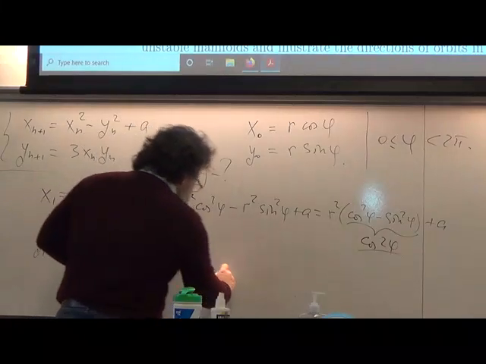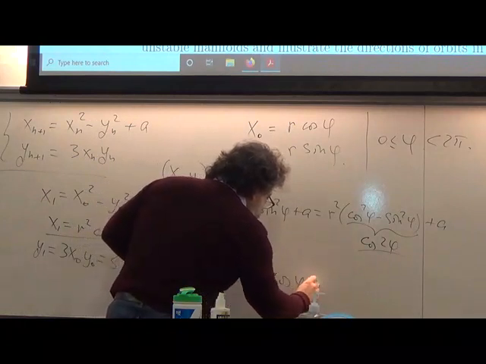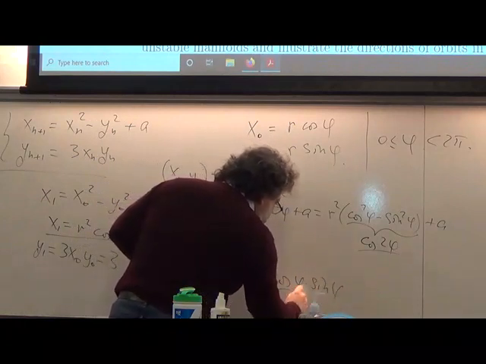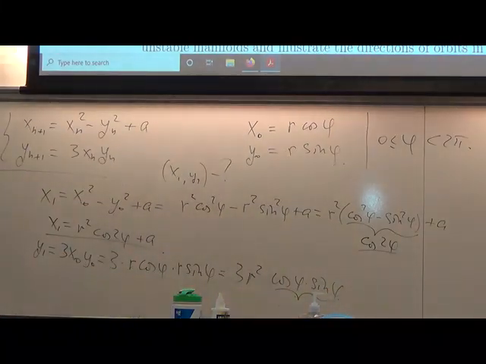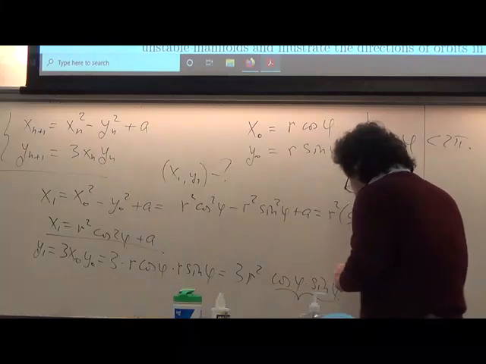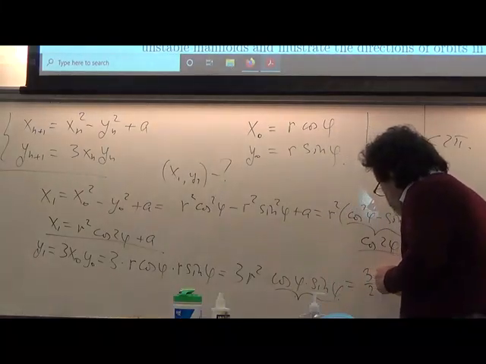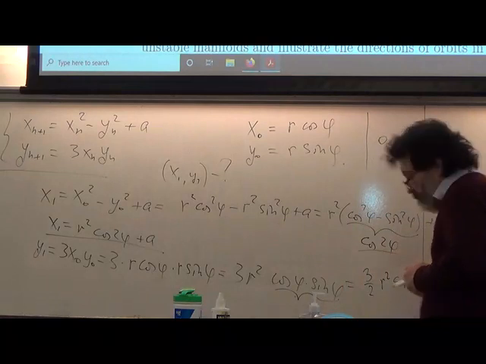So what we got is 3 r squared cosine phi times sine phi. What is this? Half of the sine of the double angle. So it will be 3 r squared over 2, and here will be sine of 2 phi.